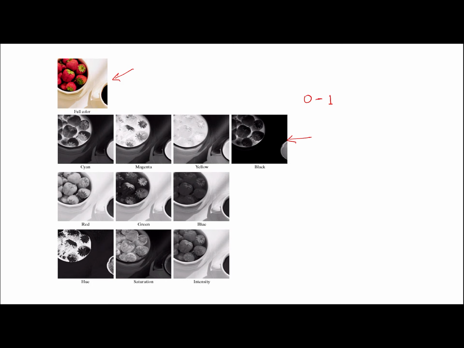We see that strawberries are composed of a large amount of magenta and yellow because the images corresponding to these 2 components are the brightest. Black is usually sparingly present here, in the coffee and the shadows within the bowls of strawberry.